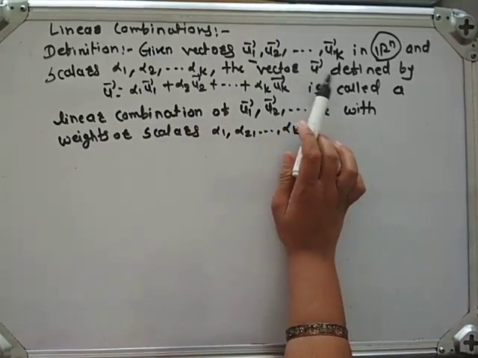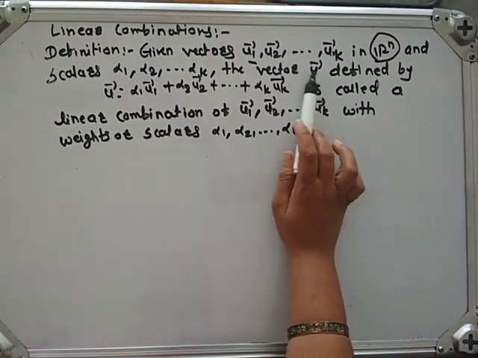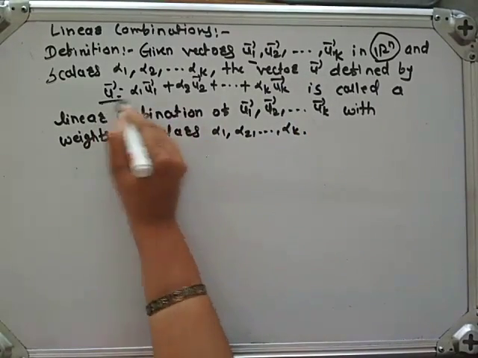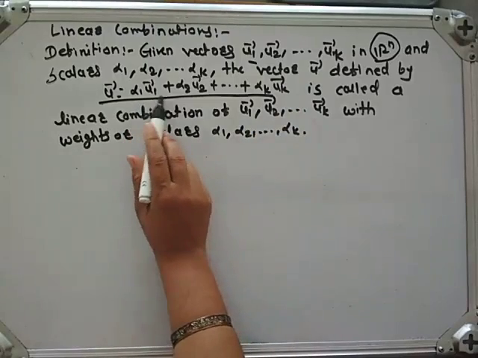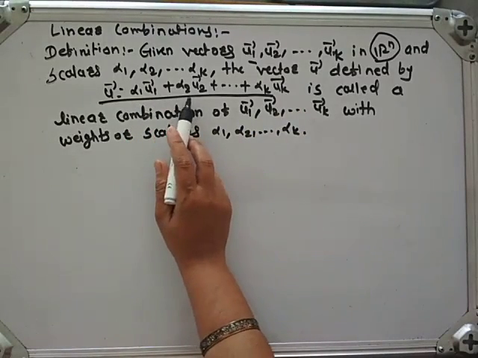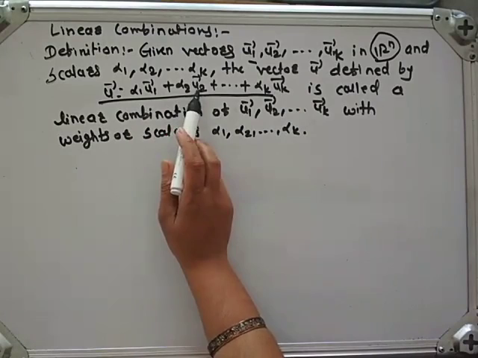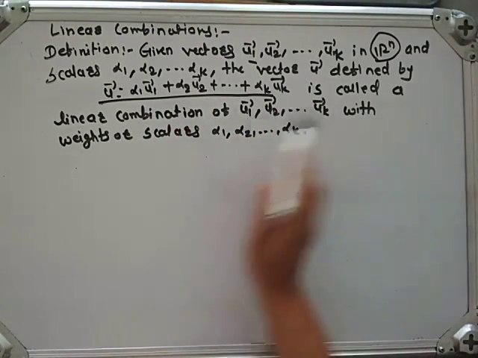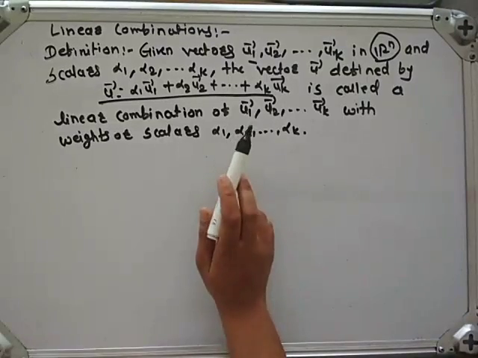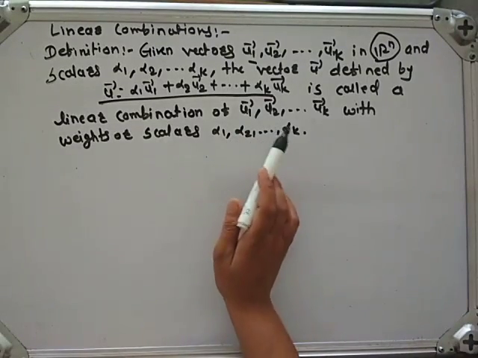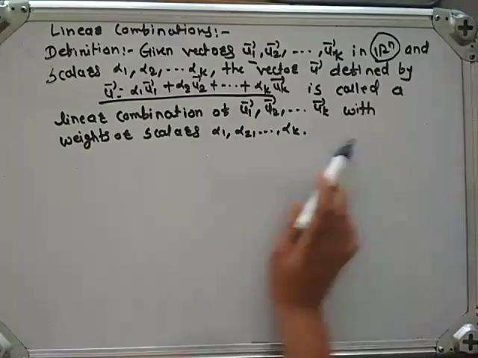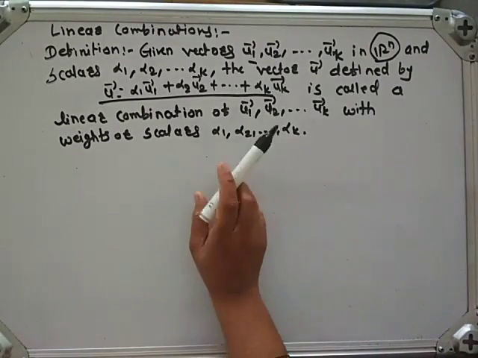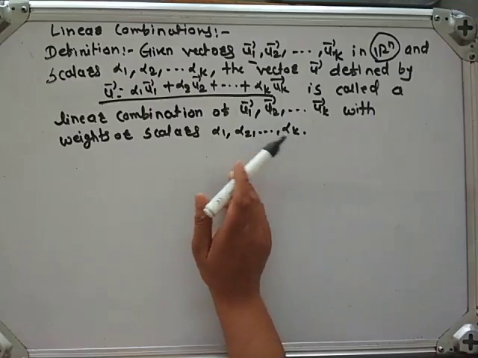The vector u bar defined by u bar is equal to alpha 1 into u1 bar plus alpha 2 into u2 bar plus and so on up to alpha k into uk bar is called a linear combination of u1 bar, u2 bar and so on up to uk bar with weights or scalars alpha 1, alpha 2 and so on up to alpha k.